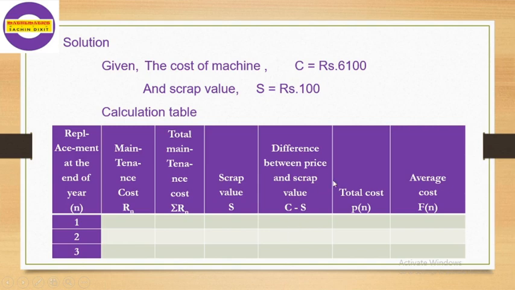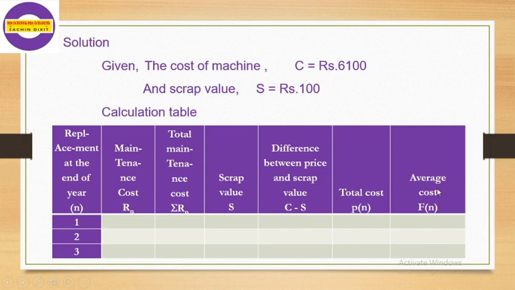Then we have to find the total cost, that is Pn. Pn is nothing but the summation of Rn plus C minus S. We add the element in this column and the corresponding element in that column, and we get the total cost.